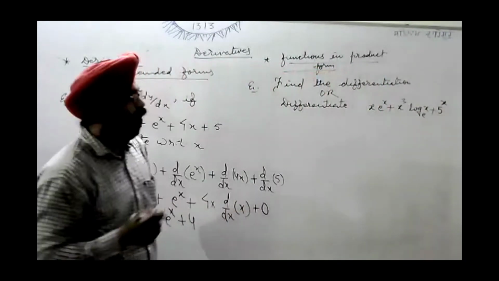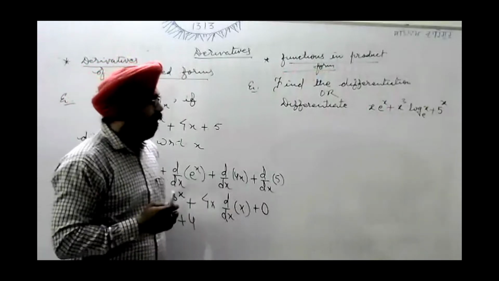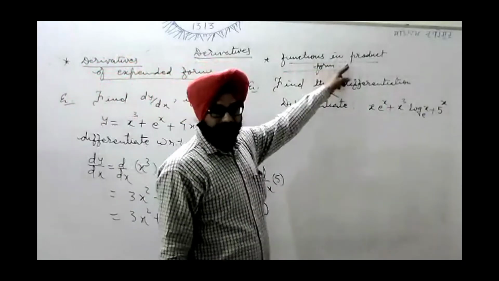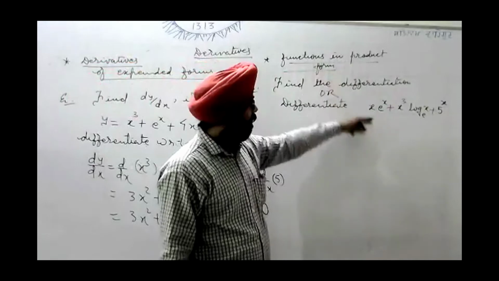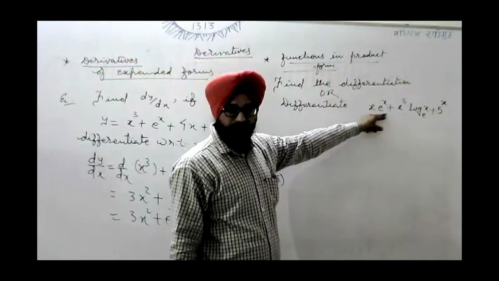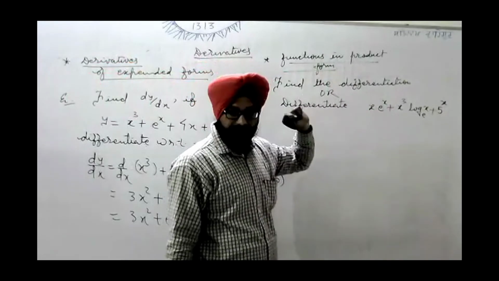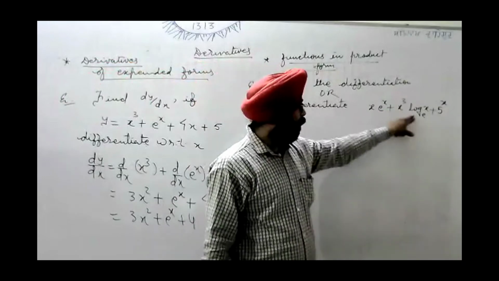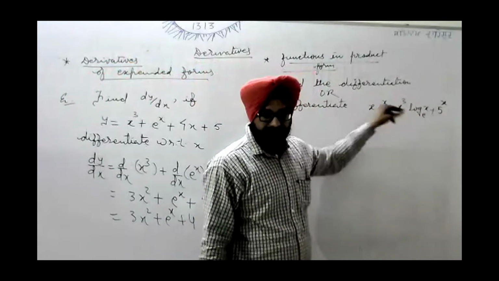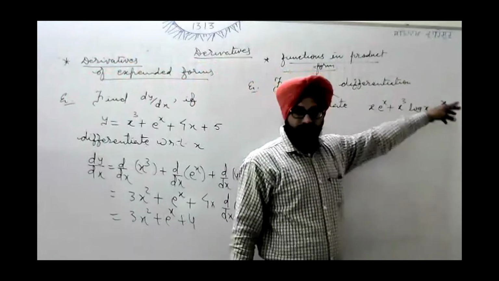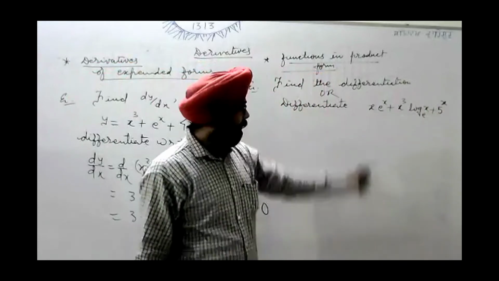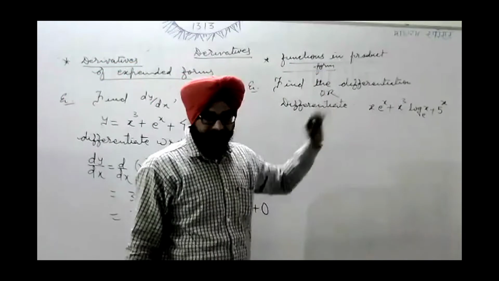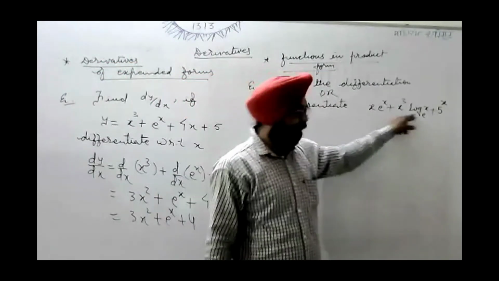Now you can see here I have written product form. So here x and e raised to the power x are in multiplication. x cube and log x are in multiplication. Then 5 raised to the power x, and also this whole is in expanded form. You can see the terms are written.